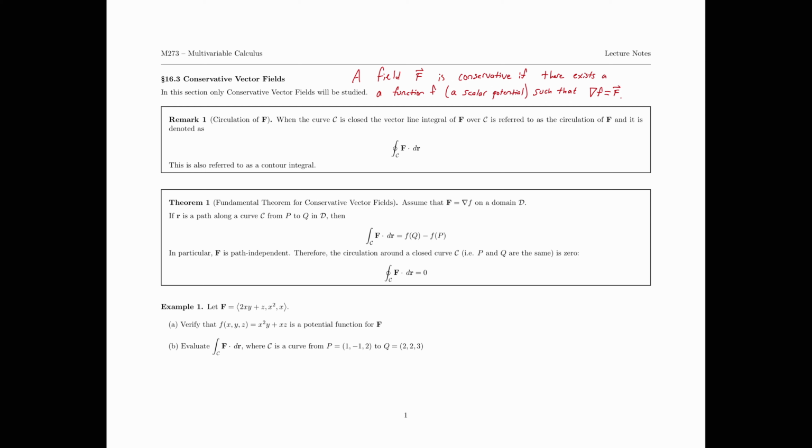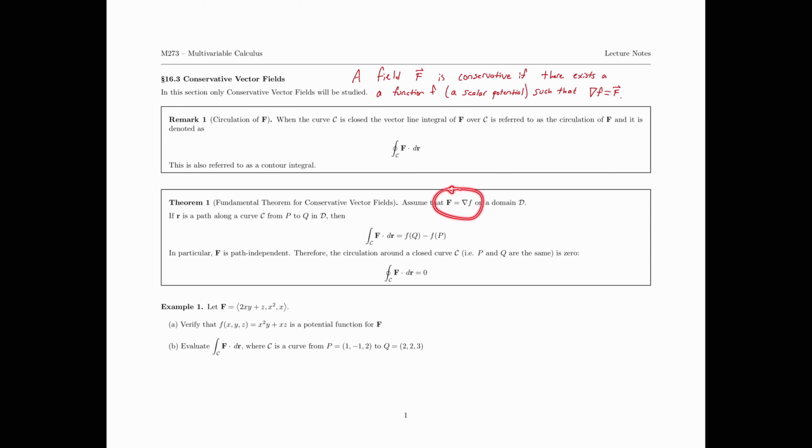Quick remark, we'll come back to this after we talk about this Theorem 1. That's going to be our priority, and then we'll just do a quick little backtrack here. So Theorem 1 is really the big result for this section. This is the fundamental theorem for conservative vector fields. So we're going to assume that capital F, our vector field, is the gradient of some scalar function f.